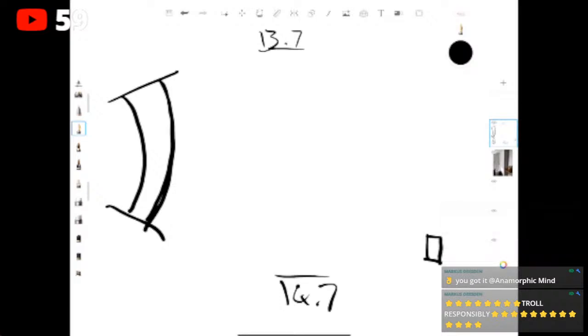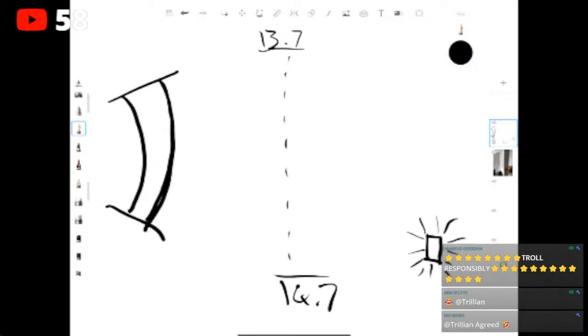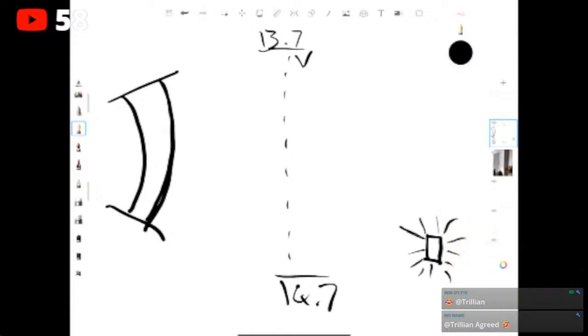So light's been emitted all over, but each one of these directions is going to bend according to Fermat's principle, based on this gradation of density change between these two in a vertical fashion. So what that means is this ray starts to bend down and hits at this angle.